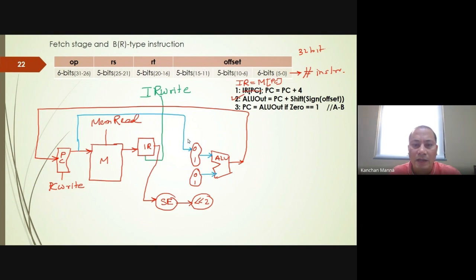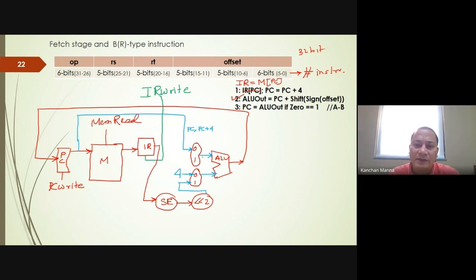And through this path, the first time we'll get 4, and next time we'll get this one. Presently, in the first phase it receives PC, and in the next cycle it receives PC plus 4. Okay, so this path, I have made a mistake.